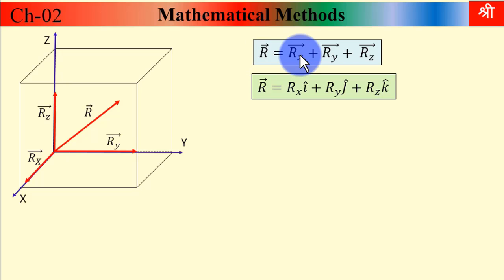Vector r is resultant of rx, ry and rz, or we can say vector r is addition or sum of rx, ry and rz.